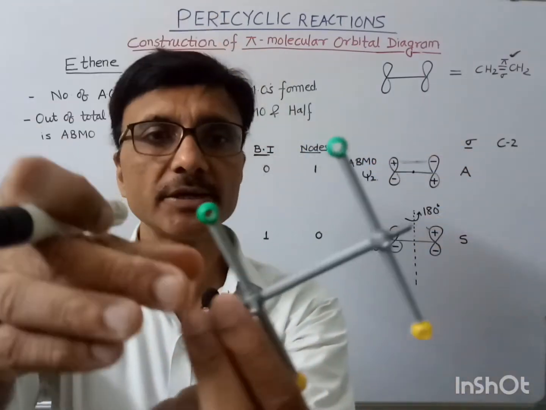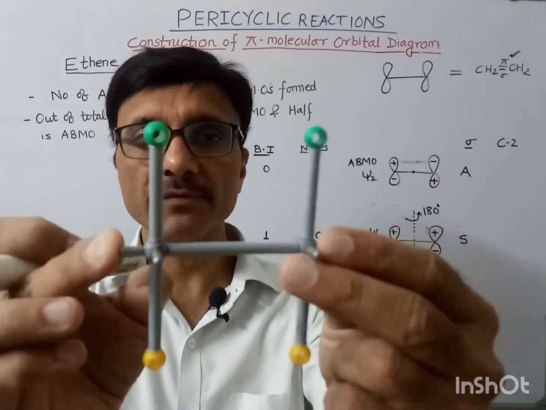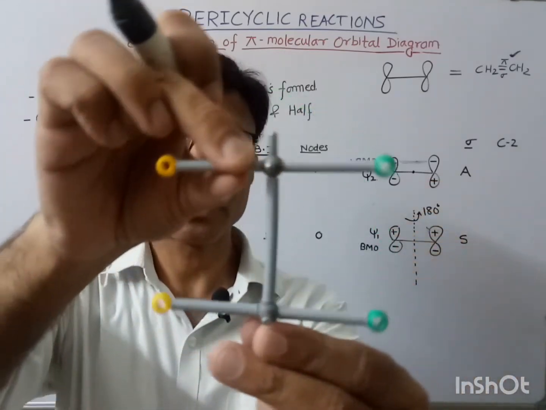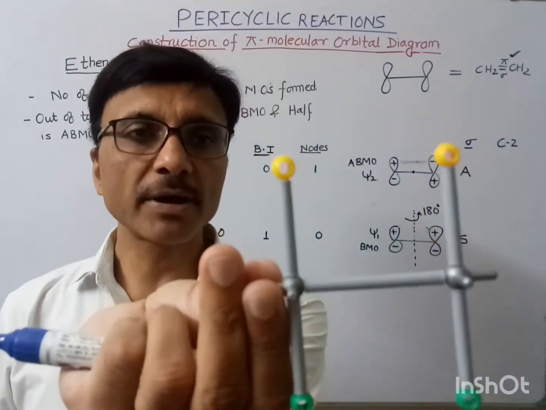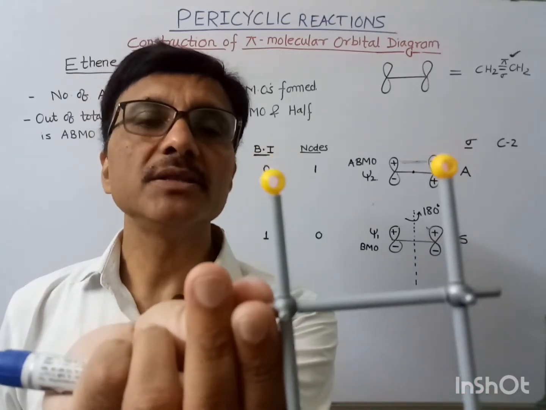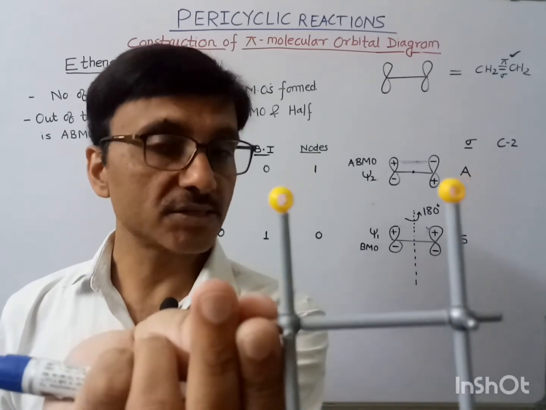How should we rotate it? I will rotate it by 180 degrees, meaning this point will come over here, and this point will come over here. So like this. I am rotating it by 180 degrees, and after rotation you will not find the same molecular orbital. We will not find psi 1.